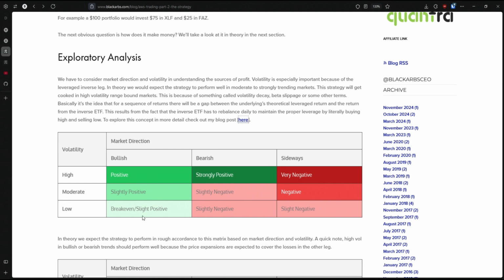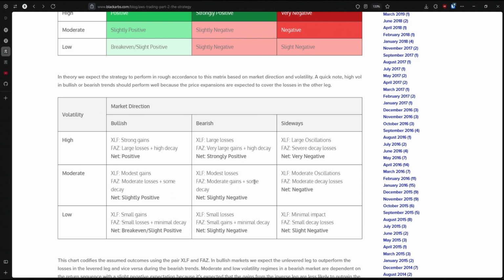So here's a little matrix about how we expect the strategy to perform based on market direction and volatility. And we split the volatility into 3 regimes: low, medium, and high. This is a little bit more of a detailed exploration of that idea using XLF and FAZ. And we talk about what happens in each leg given the volatility and direction.